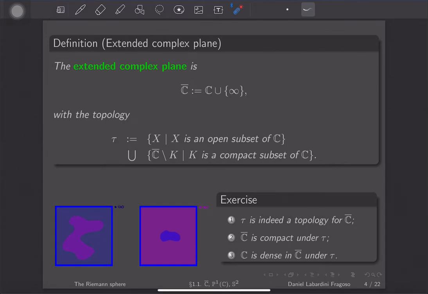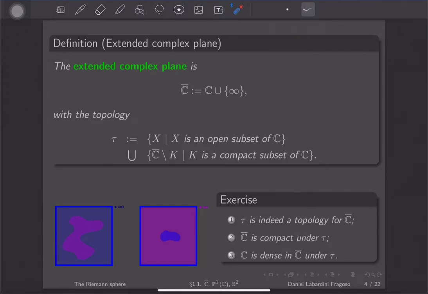So I just declare them to be open, and I take this other class of sets and I declare them to be open. What I do is I consider the compact subsets of C, the compact sets that are in the plane, and then I take their complement in C bar. So their complement in C bar, the point at infinity is part of that complement. And those I declare to be open as well, right?